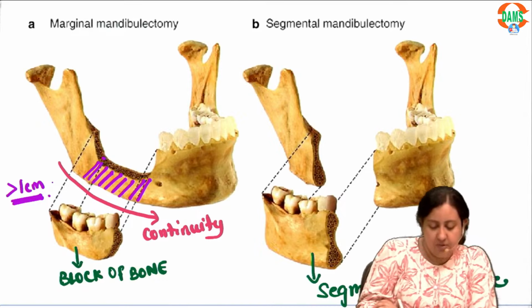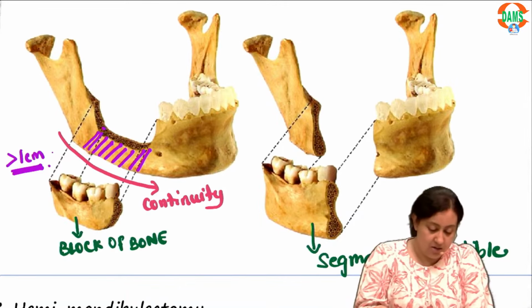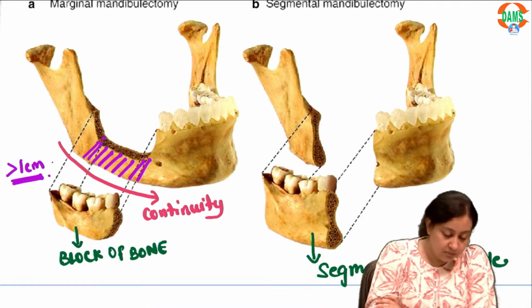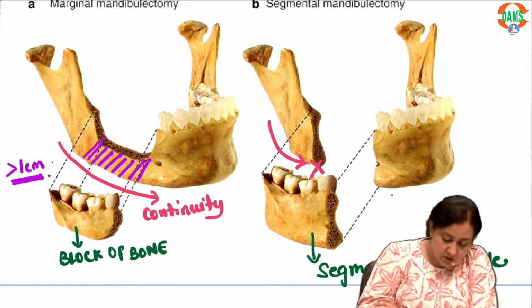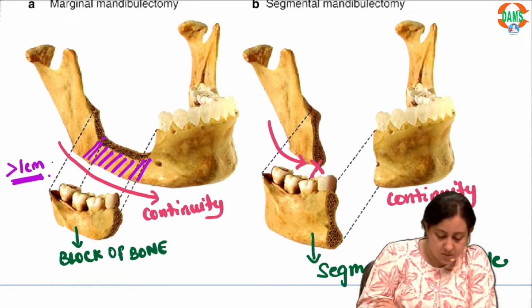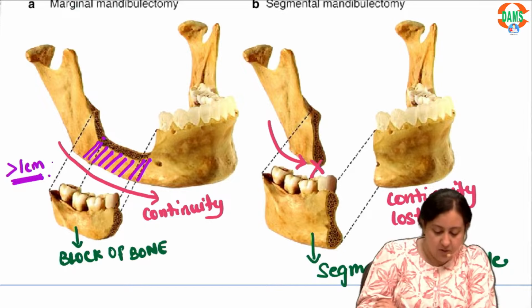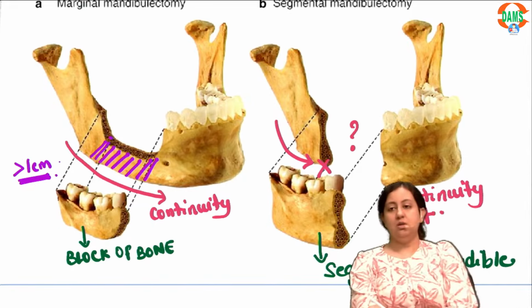This is your segment of mandible which has been removed. Okay, and the continuity is lost at the lower border. So this continuity has been lost.